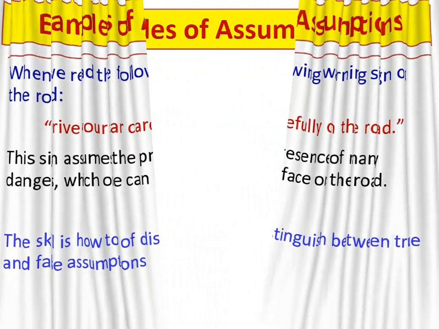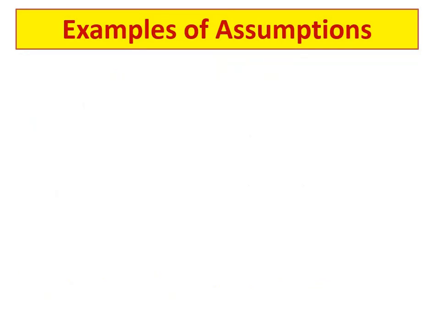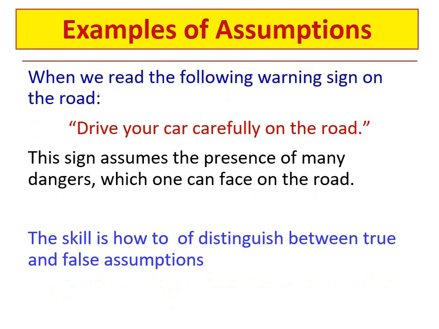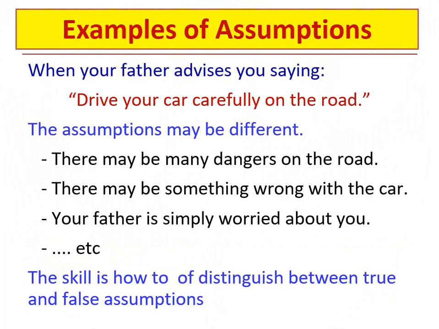Let's have a new example of assumptions. When your father advises you saying, drive your car carefully on the road, take care here. It is the same as the previous sign. Drive your car carefully on the road. So here the speaker is not an authority, but this is your father.